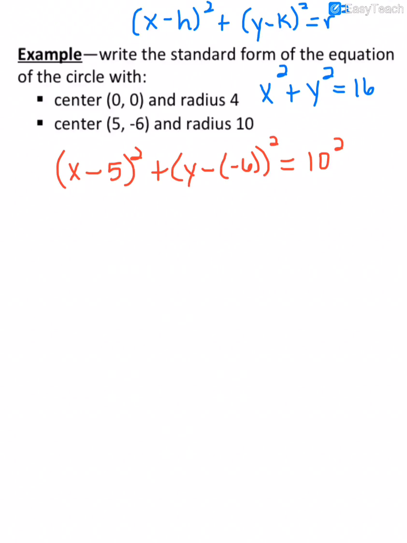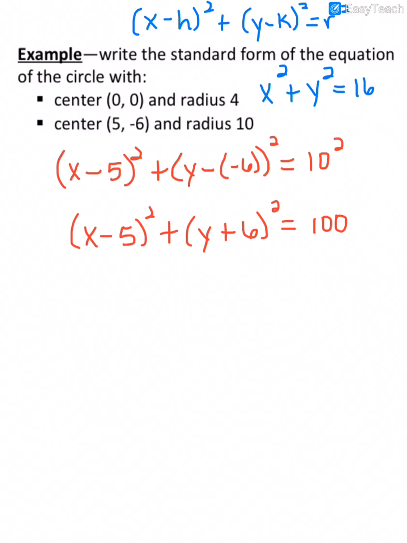Let me clean this up a little bit. x minus 5 squared plus, that would be y plus 6 squared equals 10 squared, which is 100. That would be the standard form of the circle.